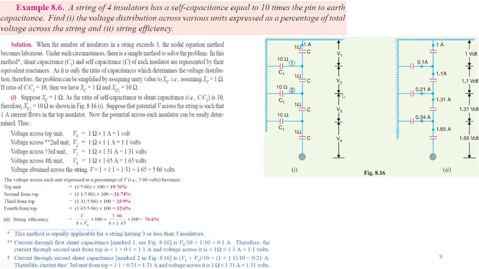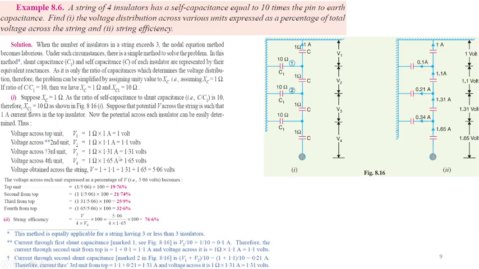Starting from the top unit, the current through each insulator increases progressively because of the additional shunt currents, following through the capacitance to earth. As a result, the voltage across each disk is not uniform, similar to the previous one.